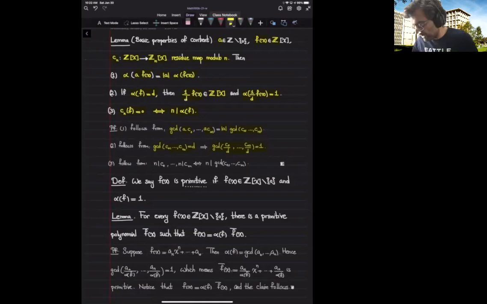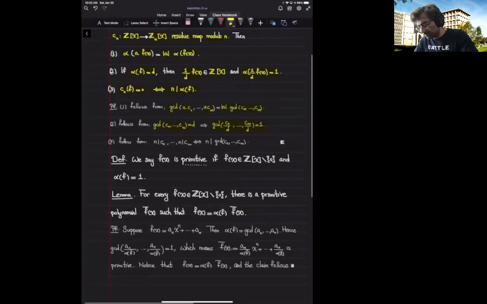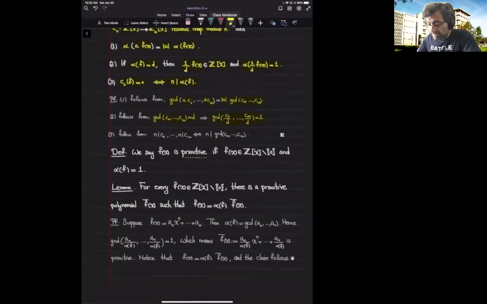Essentially, they cannot have more common factors, because if they had, then the GCD would have been larger. And finally, if n is a common divisor of a bunch of numbers, then it should divide the greatest common divisor of those numbers. So these are the results that you've seen before.